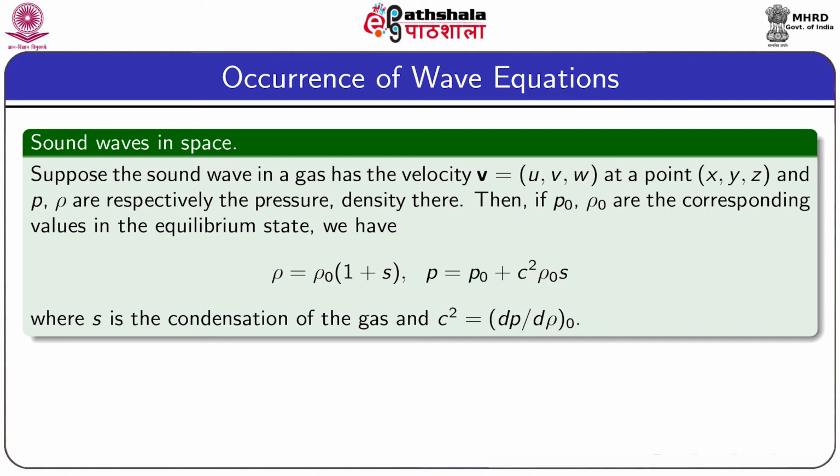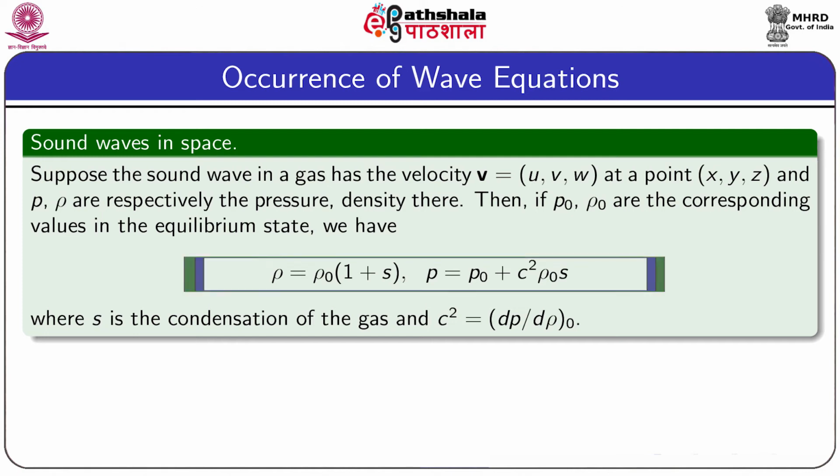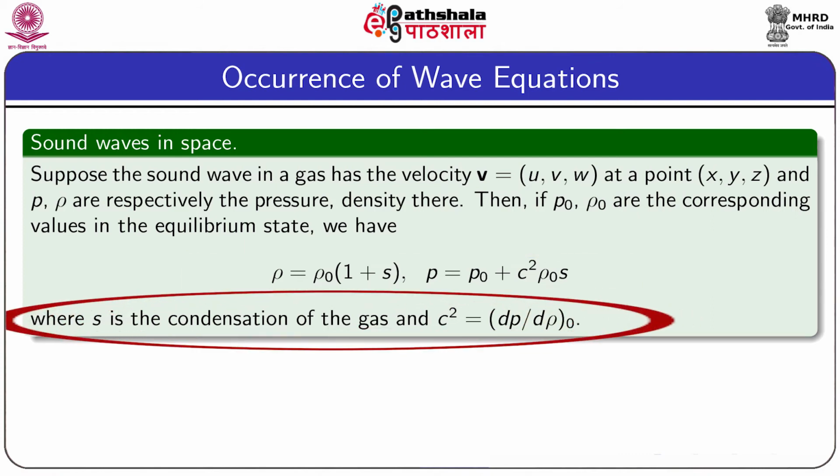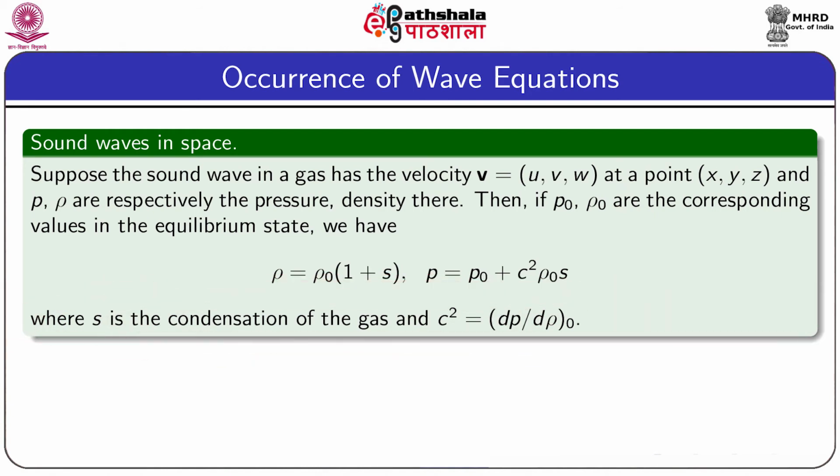Then if p0, rho 0 are the values of pressure and density in the equilibrium state, we can write rho as rho 0 into (1 plus s) and p as p equals p0 plus c square rho 0 s, where s is the condensation of the gas and c square equals dp/d rho at the equilibrium state.